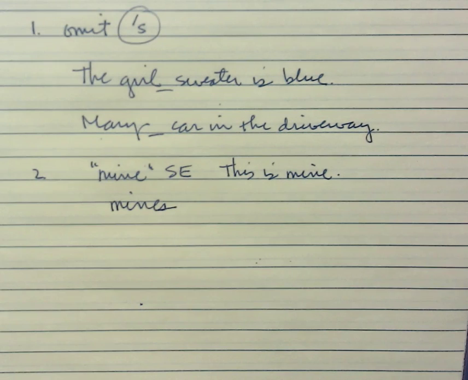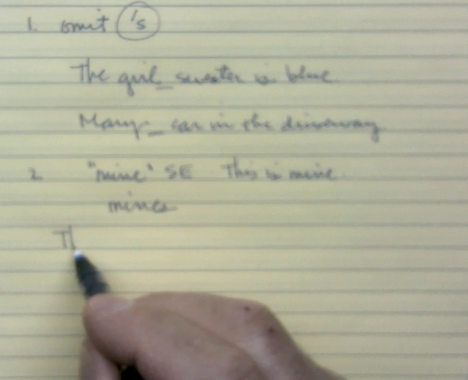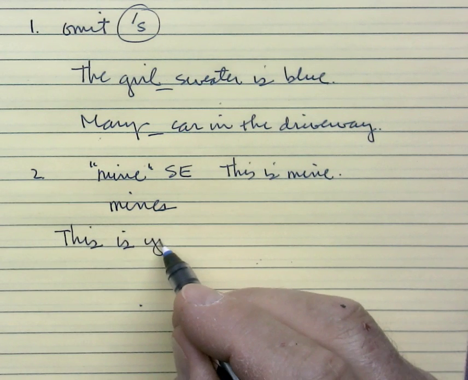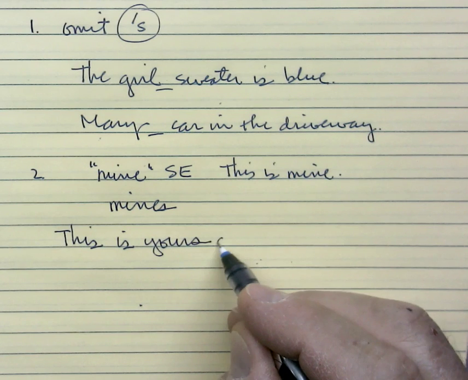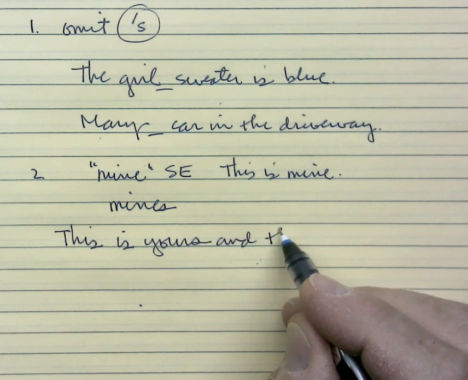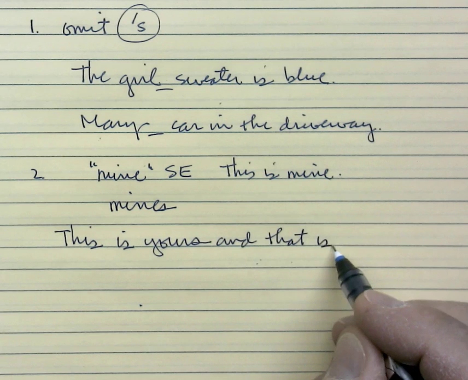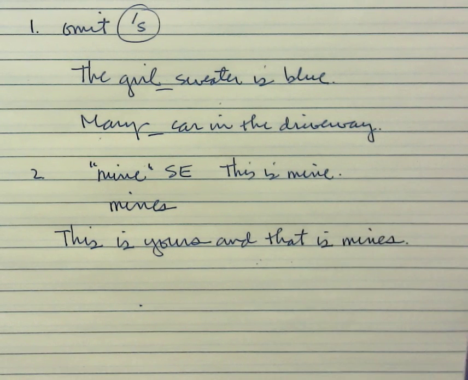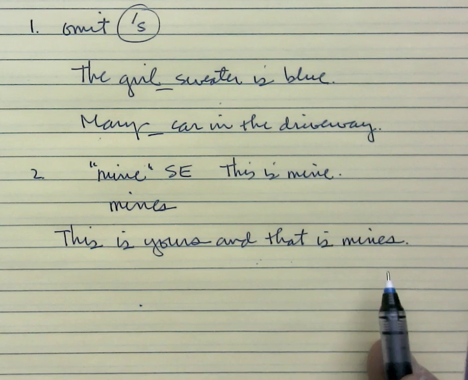It's a regularization. So, for example, in the vernacular, we might say, this is yours, and that is mine's. Just to regularize it with all the other possessive pronouns.